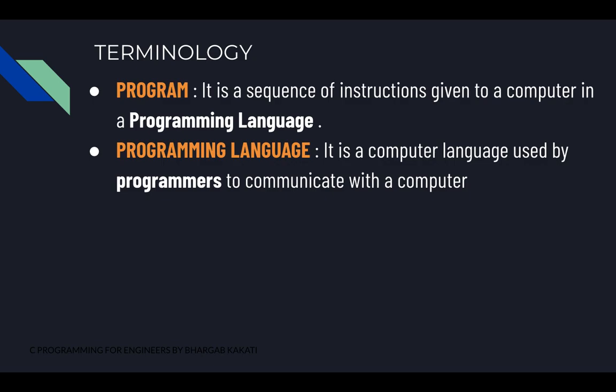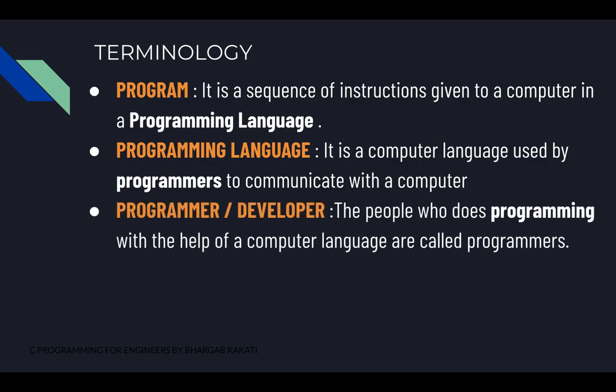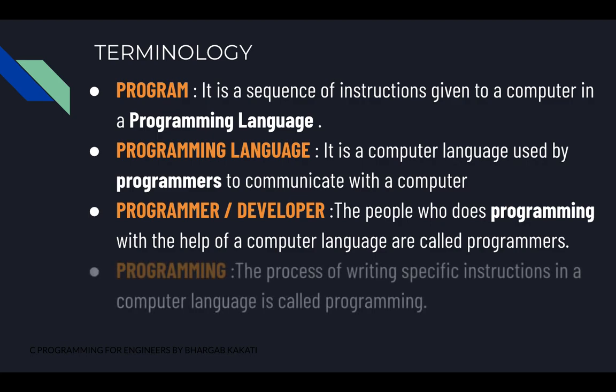Now let's see what is the meaning of programmer. A programmer is also known as a developer. The people who do programming with the help of a computer language are called programmers. So if you do programming by choosing any programming language, then you will be termed as a programmer or a developer. Now let's see what is programming.